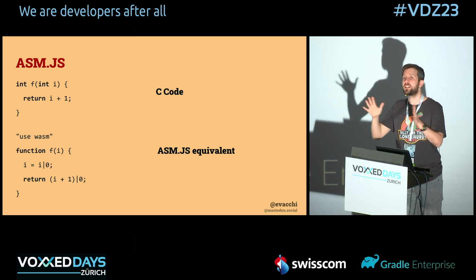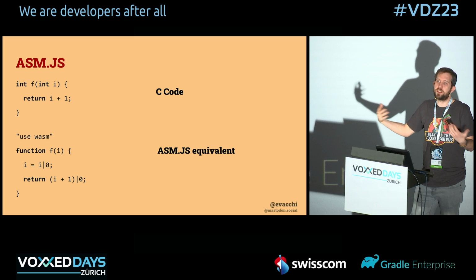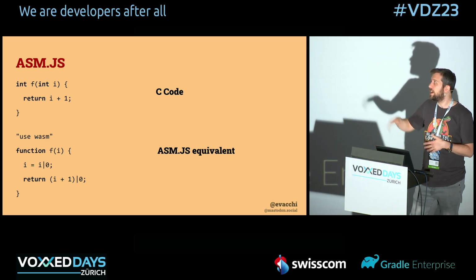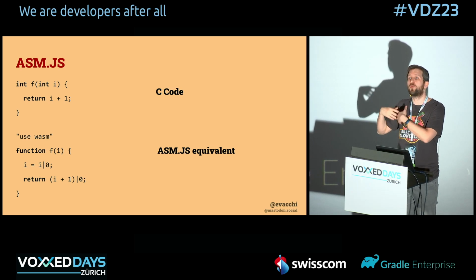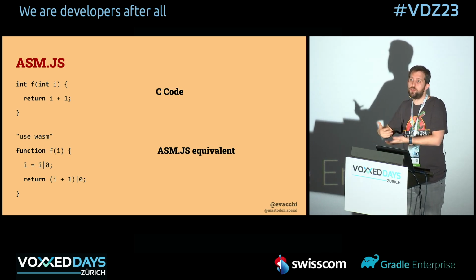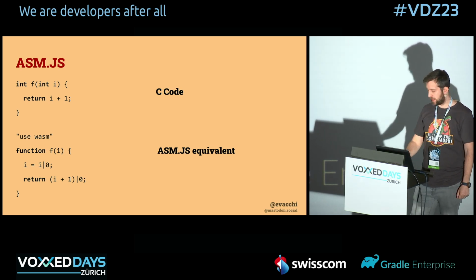Otherwise, it doesn't make sense at all. So this is basically telling the runtime in a backwards compatible way, i is an integer and you should treat it as such. So you can recompile it in native code that uses integers to produce fast code.